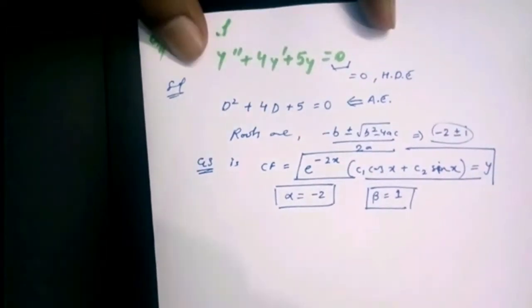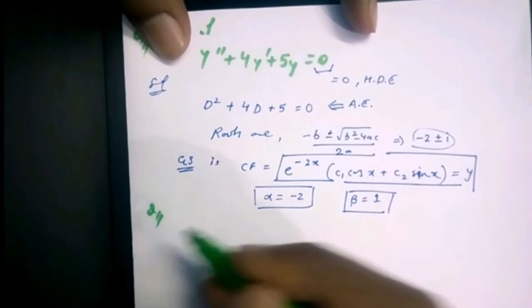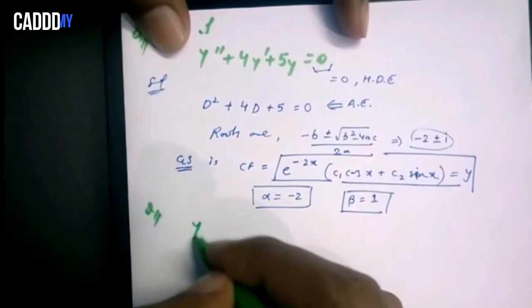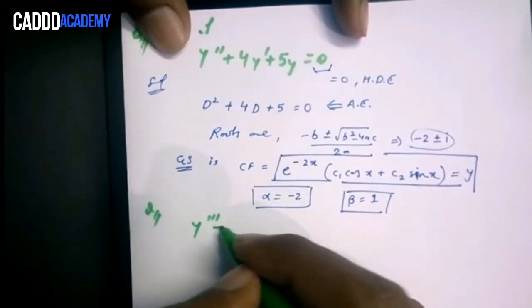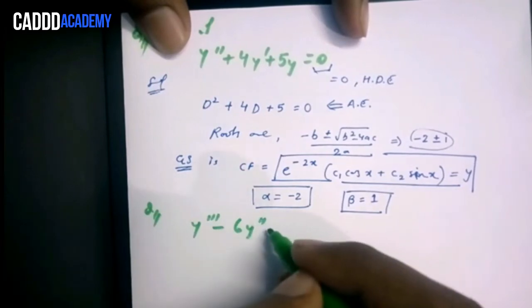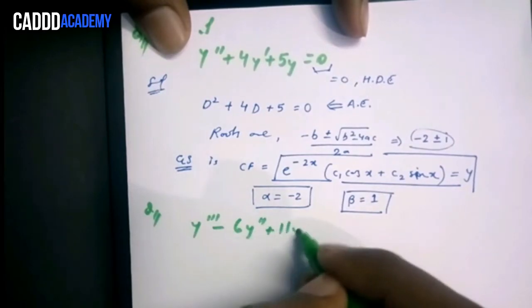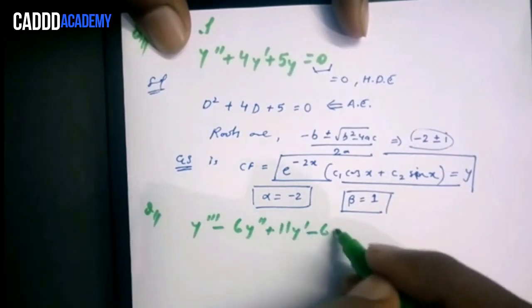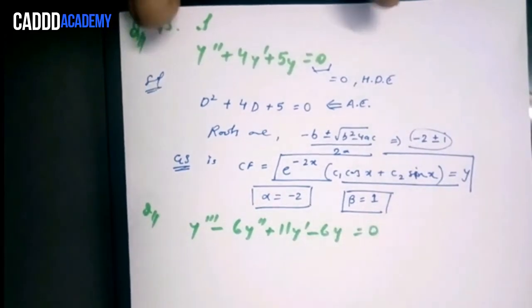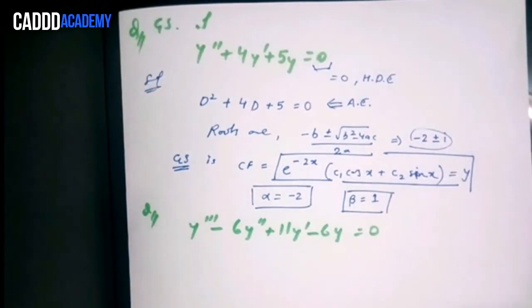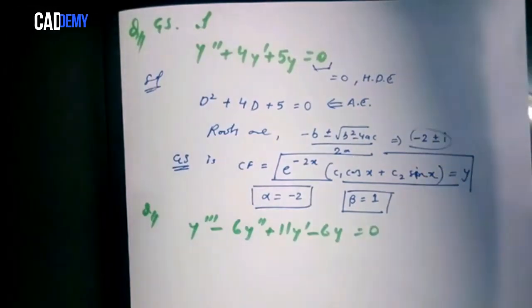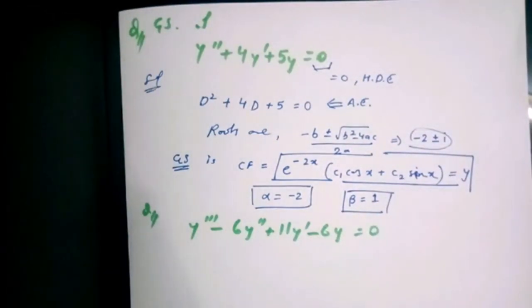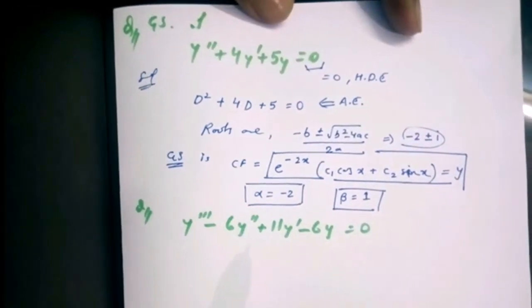Now taking another problem, which is y triple dash minus 6y double dash plus 11y dash minus 6y is equal to 0. Again, this is a homogeneous differential equation, so the general solution for this equation will be just the complementary factor again.